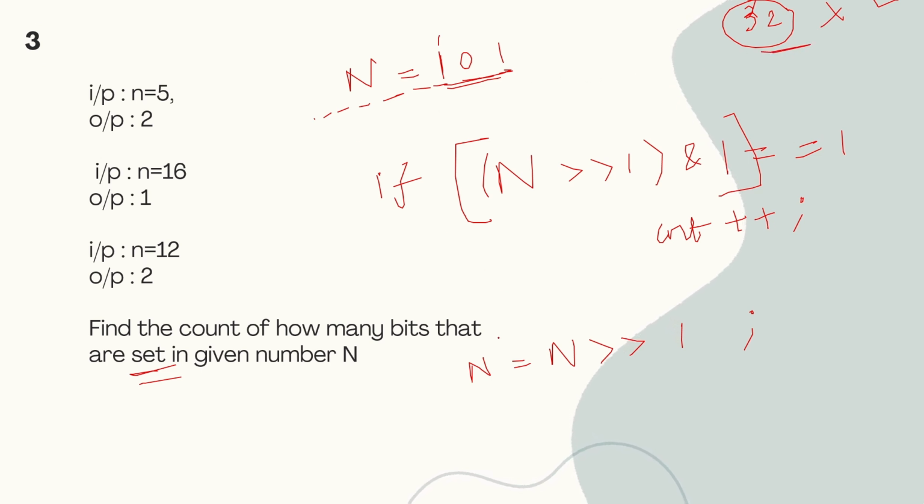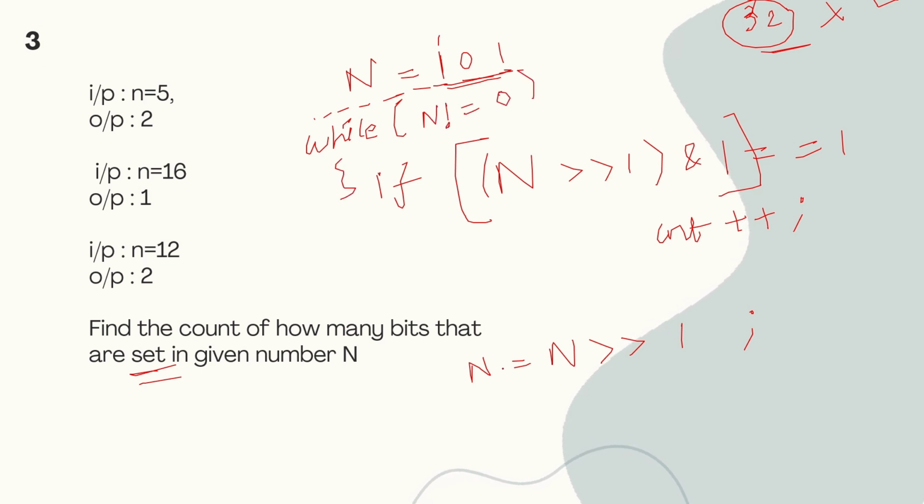So you can simply write a while loop, and say if that number is not equal to 0, then you apply this. After applying right shift 3 times for this number n, you will definitely get that number as 0, because all bits have been checked. Then the number became 0, and you will come out of this while loop.